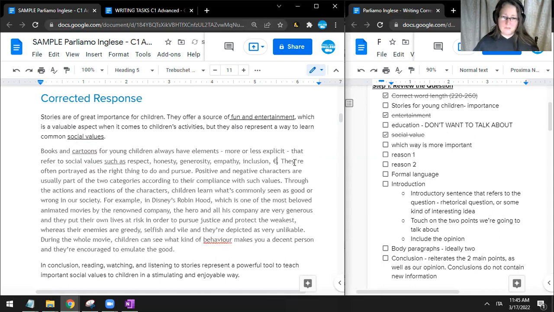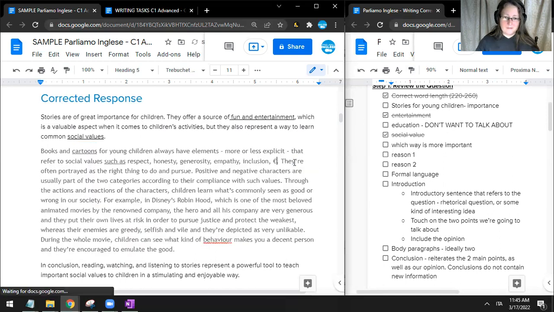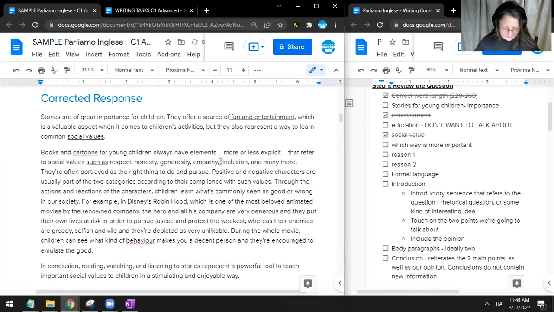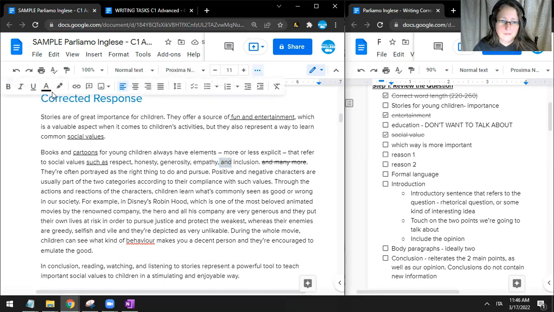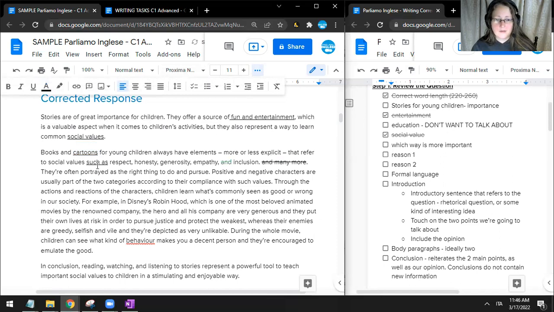So saying "and many more" is actually redundant. So I'm just going to get rid of that. There you go. So, "and conclusion", and then finish it. So I'm just going to put that in there. So we don't need that.